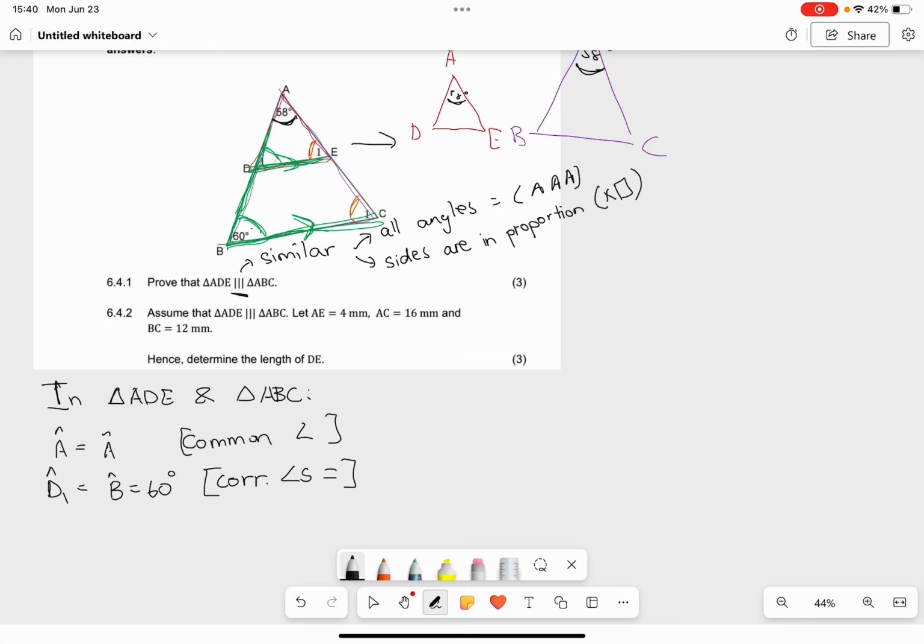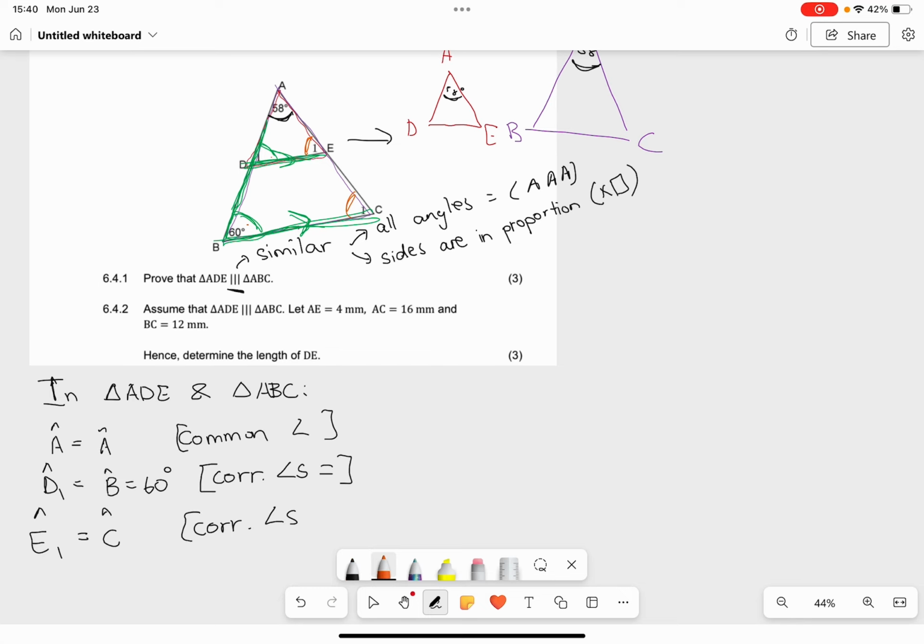Angle E1 is equal to angle C, because they're also corresponding angles. If you try and find the F on the other side, you'll see there's an F there as well. There and there. Can you see the F? So these two angles will be corresponding as well. So we can say corresponding angles are equal.